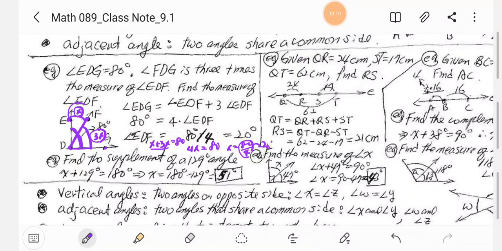So find the measure of EDF. EDF is X, and X is 20 degrees. Make sense? So in this case, we have to write an equation based on the given information.